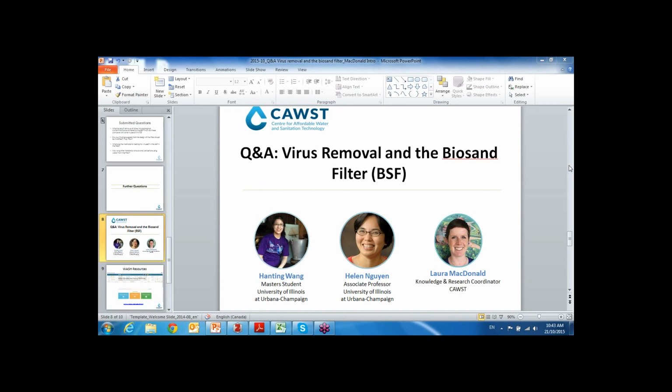Well, one thing about MS2 as well is that it has a pretty low isoelectric point compared to other viruses in environmental conditions, and so it takes more in order for the MS2 to get removed.